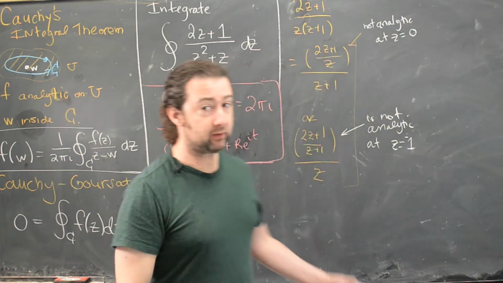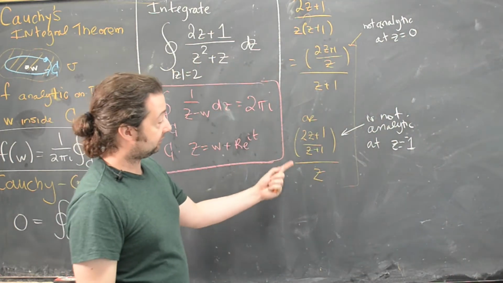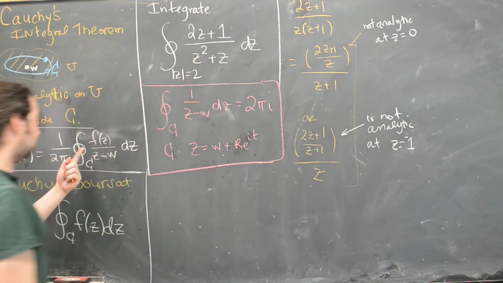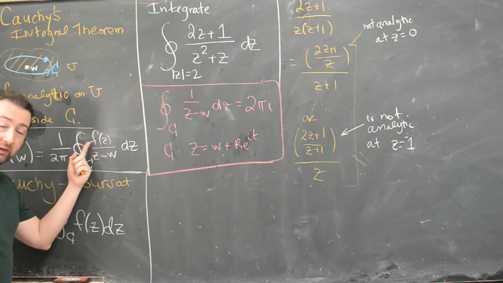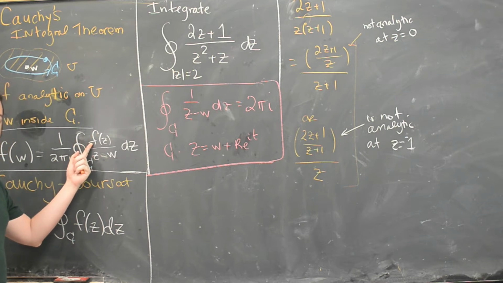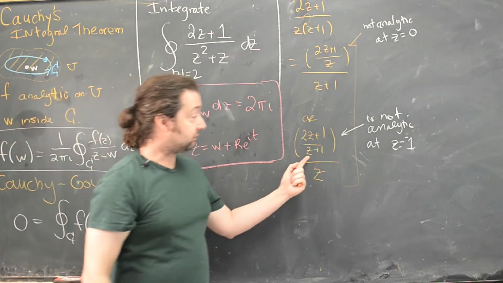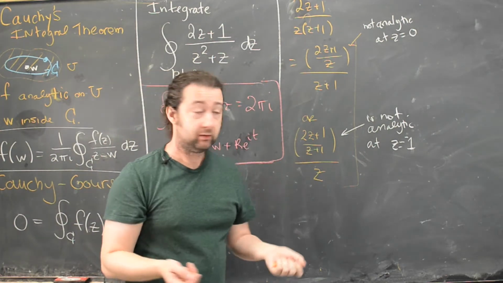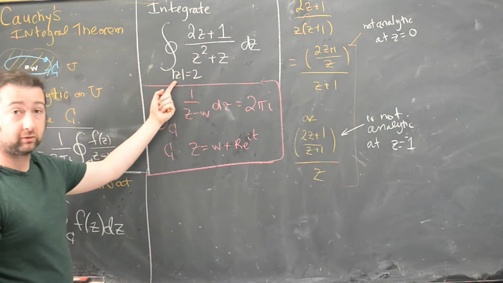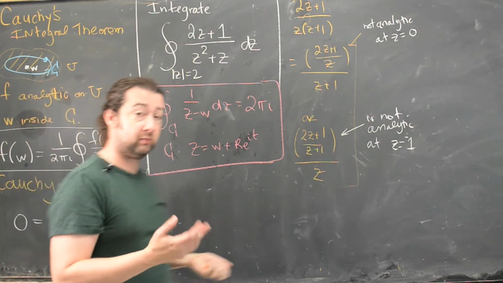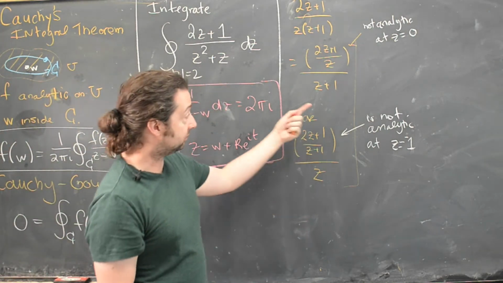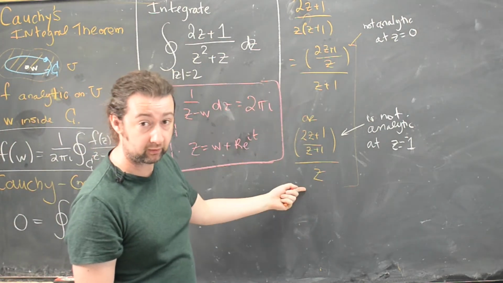And so in both cases, we have the issue that to apply Cauchy's integral theorem, I need f of z to be an analytic function inside the domain where I'm integrating. This function and that function are not analytic inside a circle of radius 2. And so the Cauchy integral theorem doesn't actually apply here to this rearrangement or this rearrangement as it does in earlier examples.